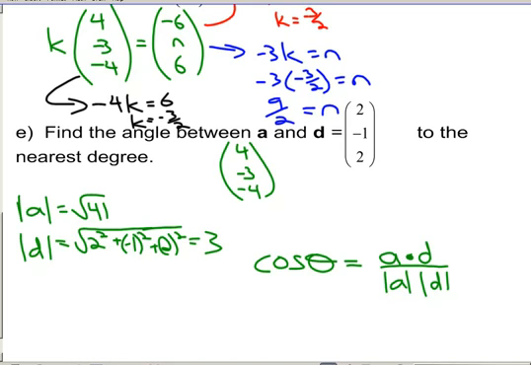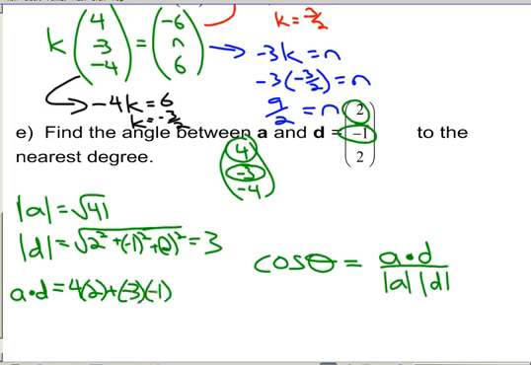Last thing we need to find is A dot D. That just means top line times top line, 4 times 2, plus middle row times middle row, negative 3 times negative 1, plus bottom times bottom.